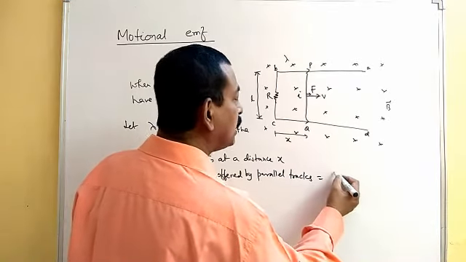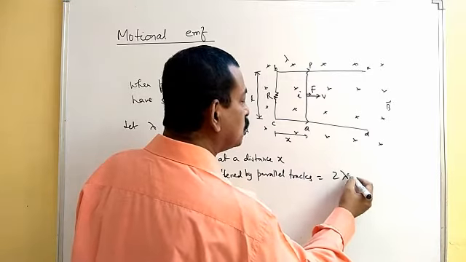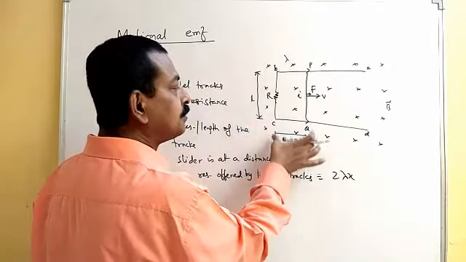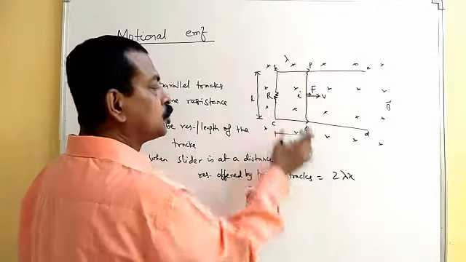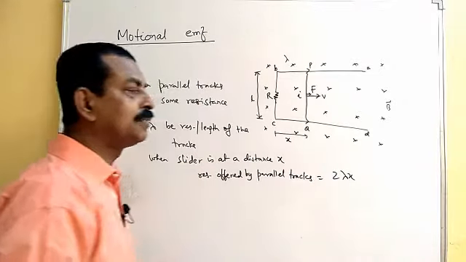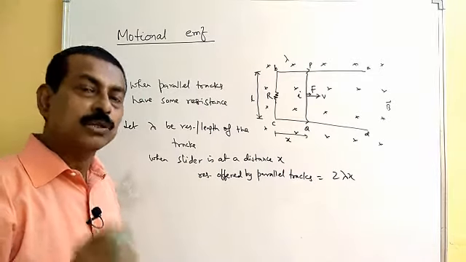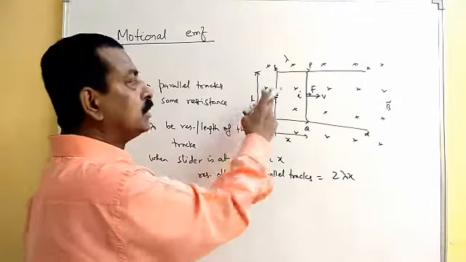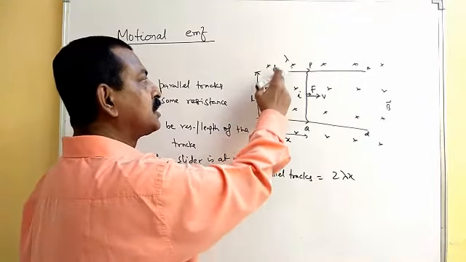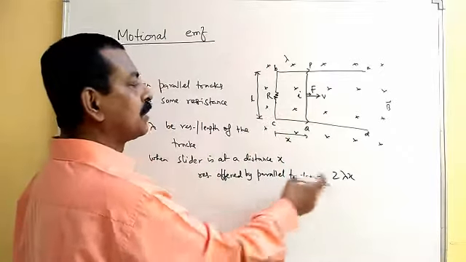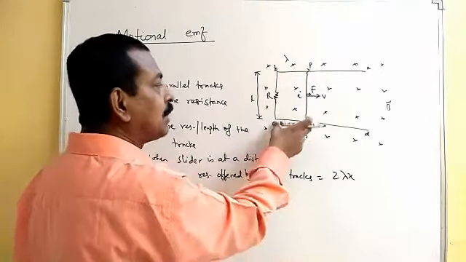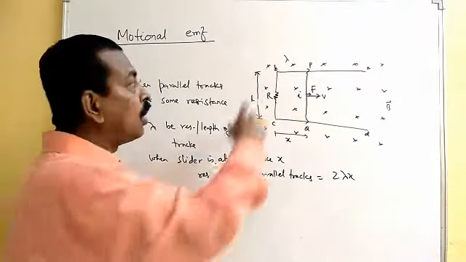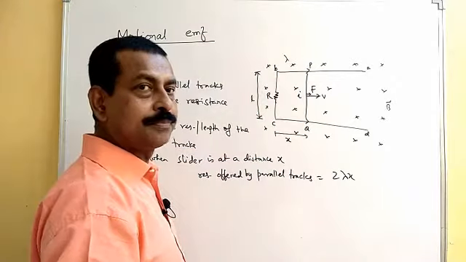This will be lambda into x for each, and since there are two, it is 2 times lambda into x. Because this resistance is also there, if I assume that R is the resistance between the parallel tracks, these lambda x terms are the resistance of these parallel tracks.